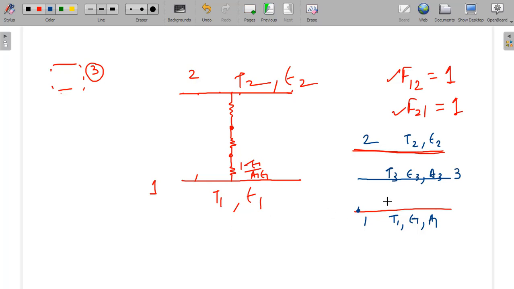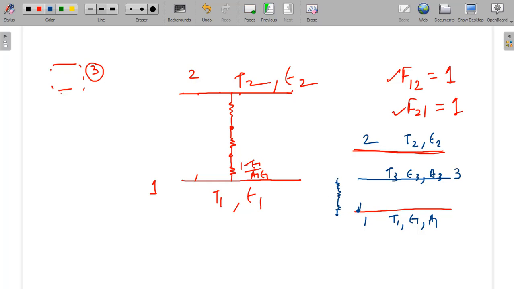For this problem, what you have to do is draw the circuit. So what will be the circuit? First you have to give the surface resistance, then this is another surface, so here also there will be some surface resistance. In between these two there will be some space resistance.